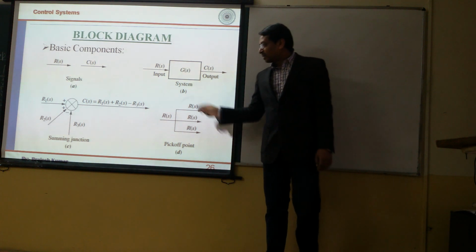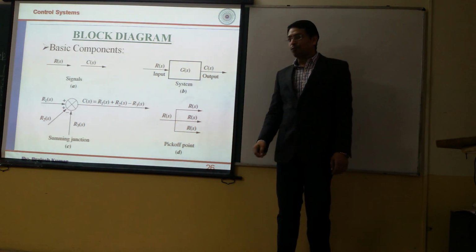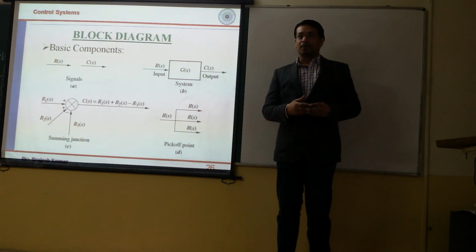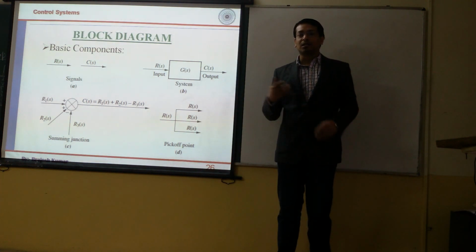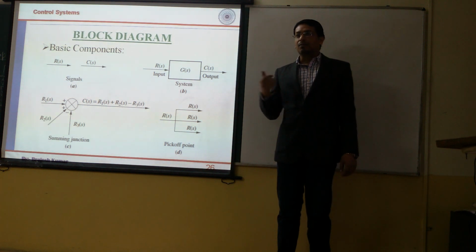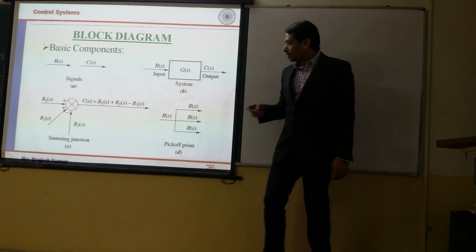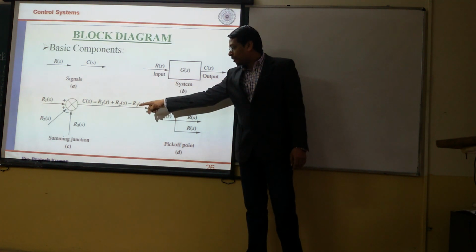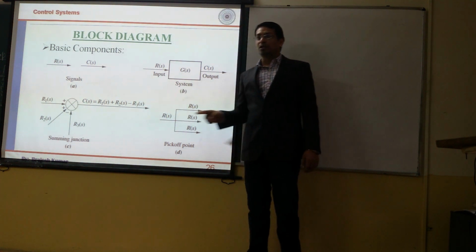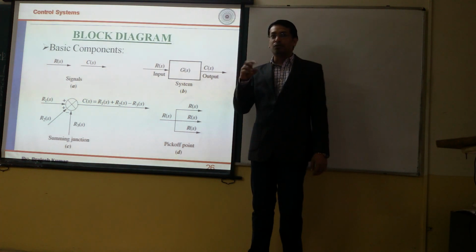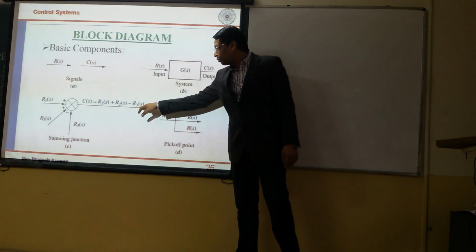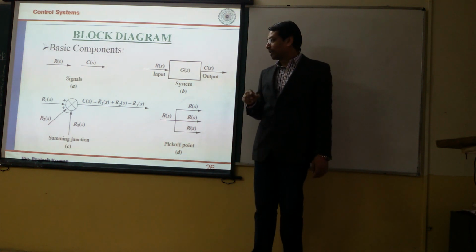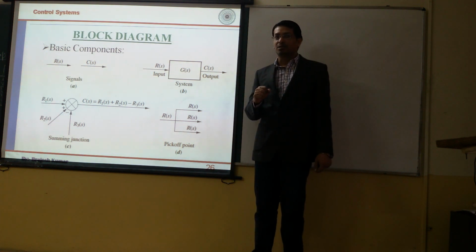And the third component is a summing point. The summing point is the notation that shows the algebraic sum of the signals coming to a particular point. If the arrow points inward, it is an input to that summing point, and if the arrow is out of the summing point, it is the output. So this is just the algebraic sum with sign.